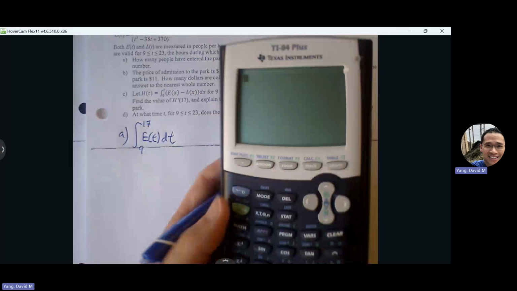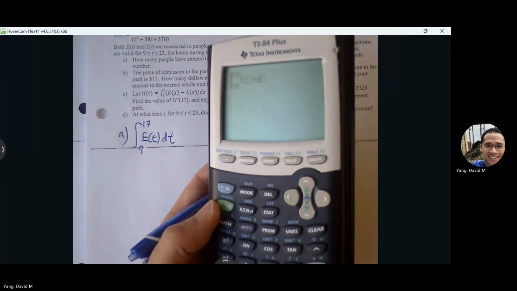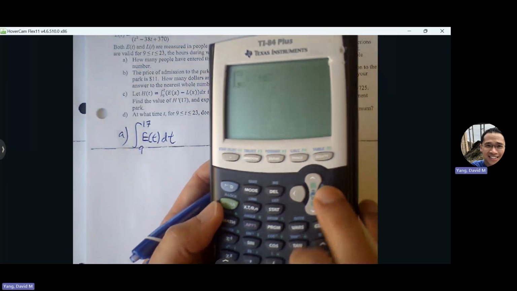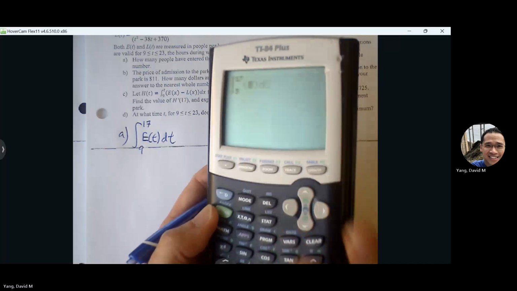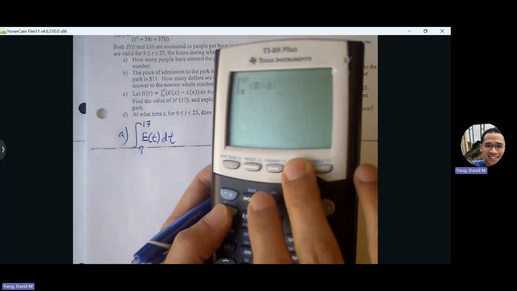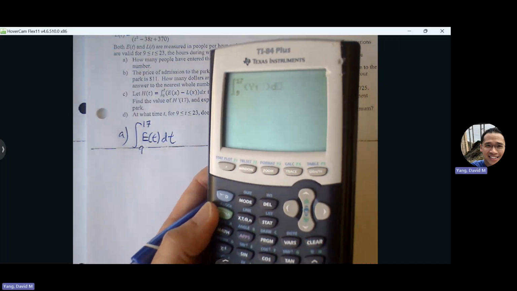So I'll do math 9, from 9 to 17. Alpha trace Y1. Y1 is holding my E of t function.